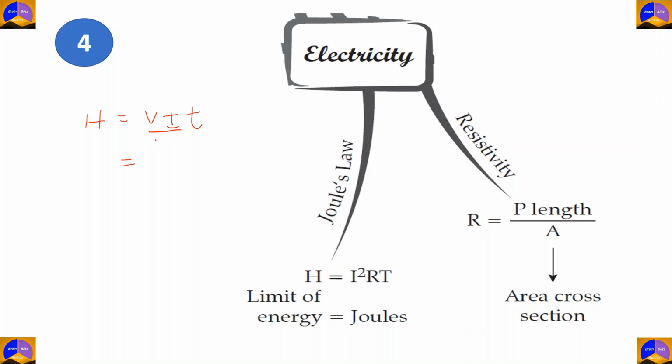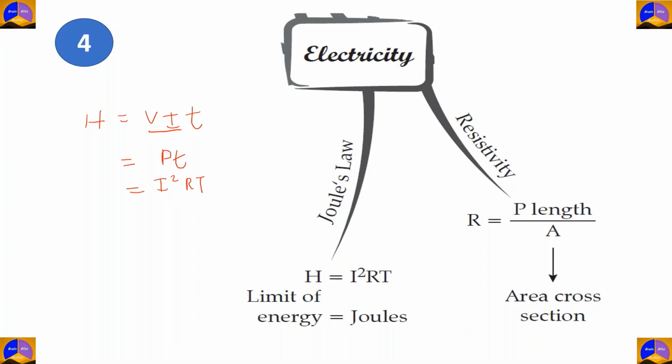Now, V into I can be represented by the power of the circuit, or P. Therefore, the heat of the electric circuit can be represented as P into T. It can also be represented as I square RT. I stands for electric current and R stands for the resistance of the wire.